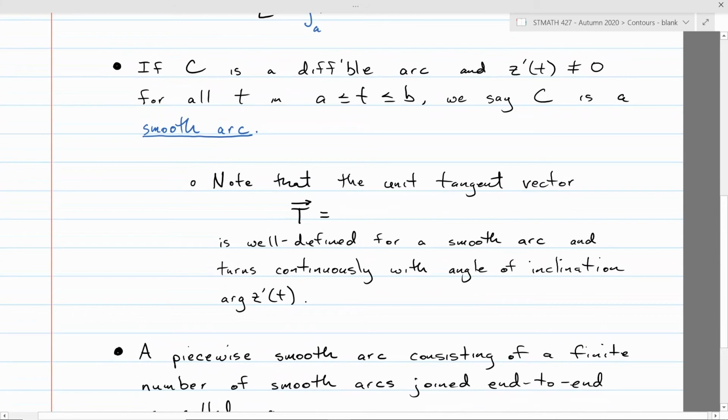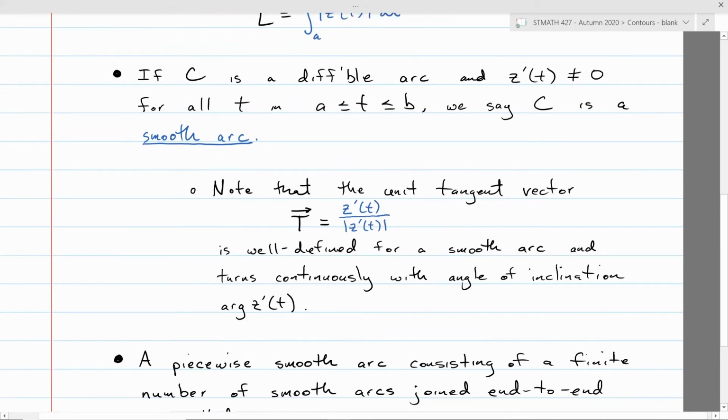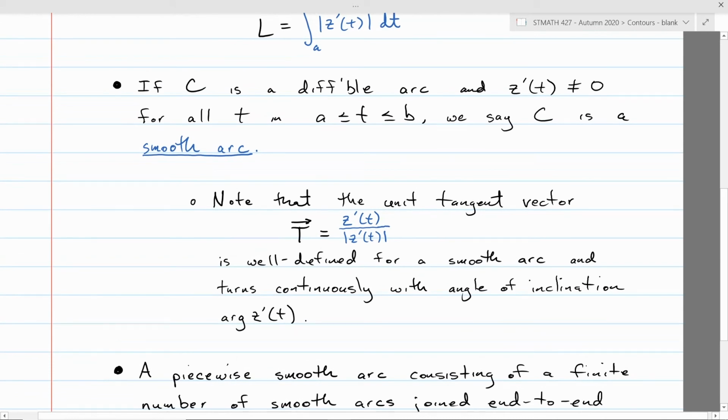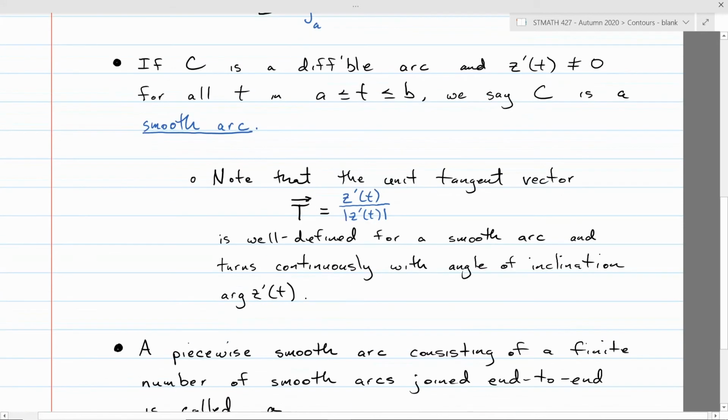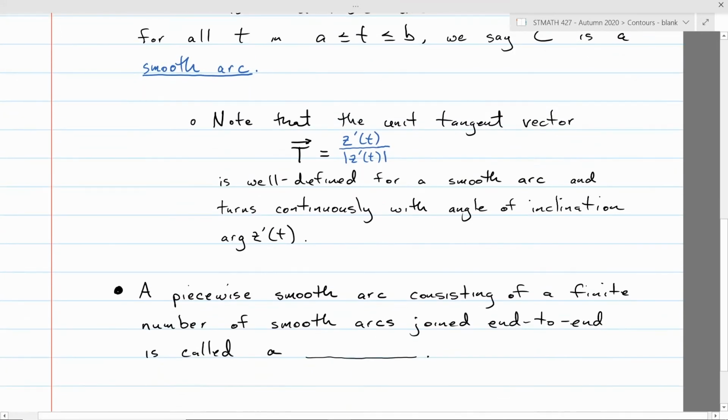Just like back in multivariate calculus, it's the derivative of the curve divided by the magnitude of the derivative. We know we can divide by the magnitude of z prime of t because it's a differentiable arc, and it's also not equal to 0 because it's a smooth arc. So we're not dividing by 0, and this unit tangent vector is well defined.